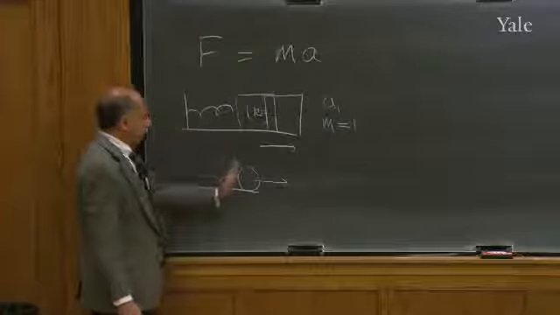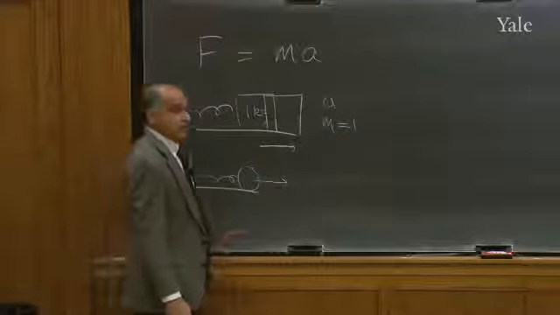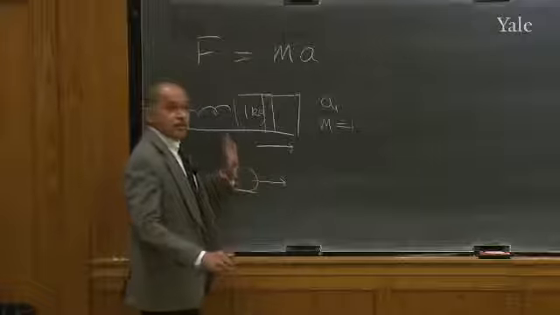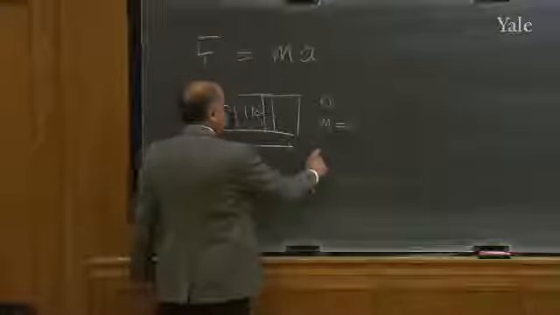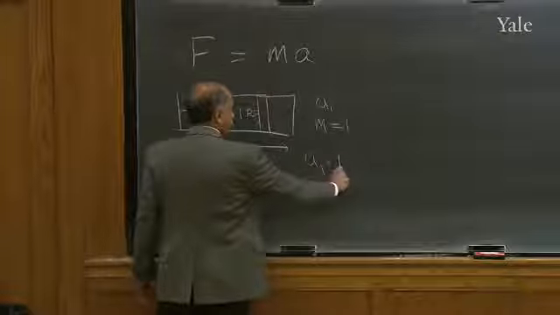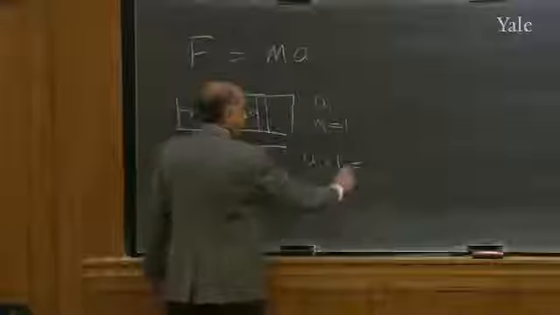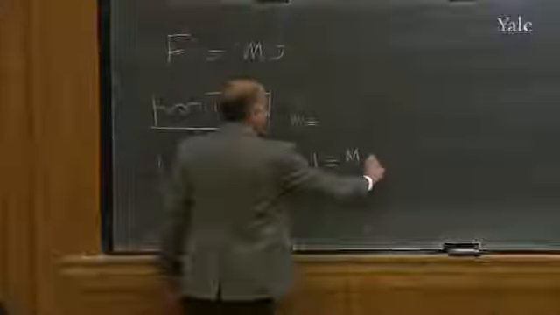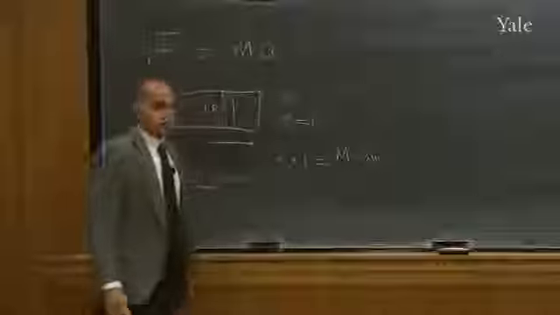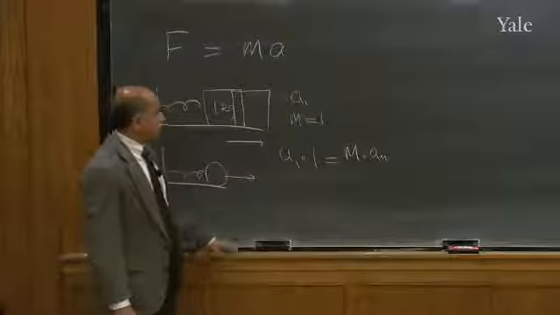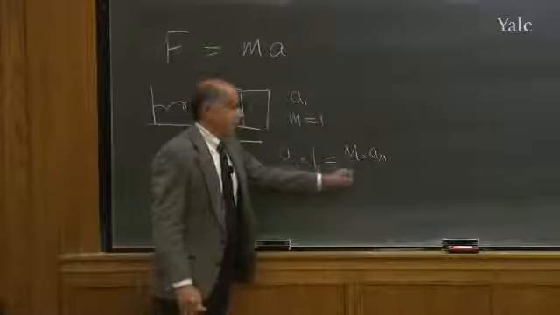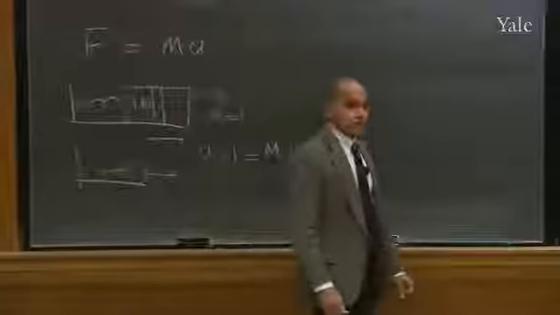Since you pulled it by the same amount, the force is the same, whatever it is. We don't know what it is, but it's the same. Therefore, the acceleration of 1 kilogram times 1 kilogram is equal to the unknown mass times the acceleration of the unknown mass. That's how, by measuring this, you can find what that mass is.